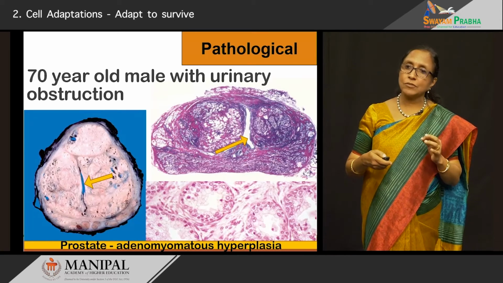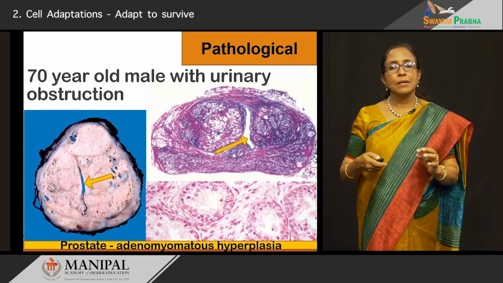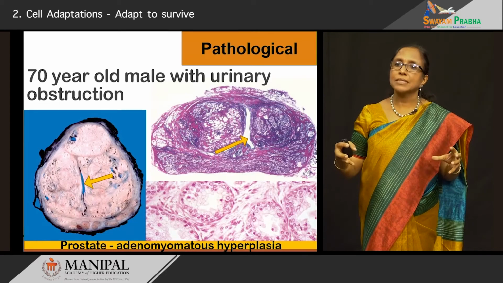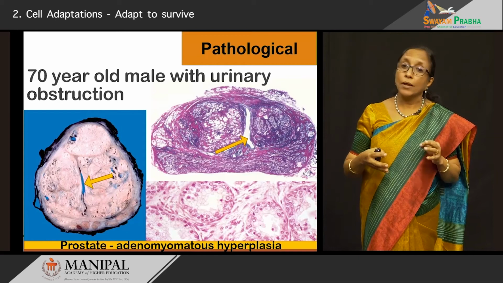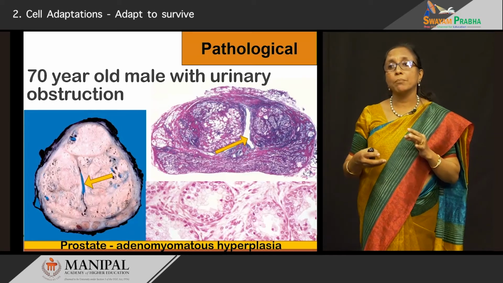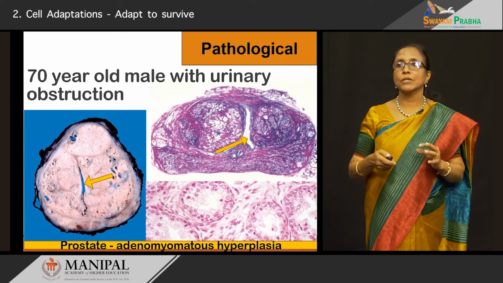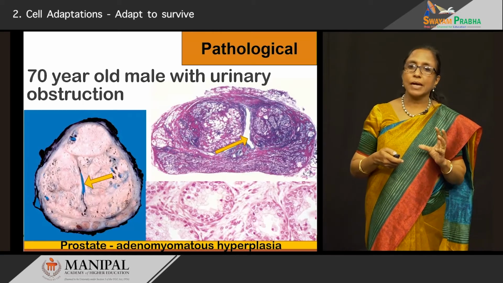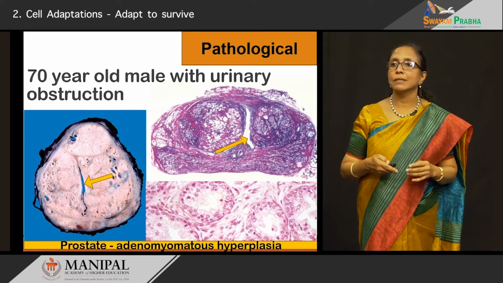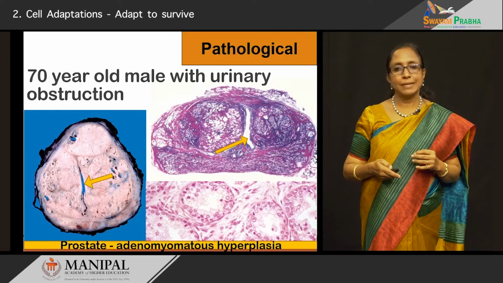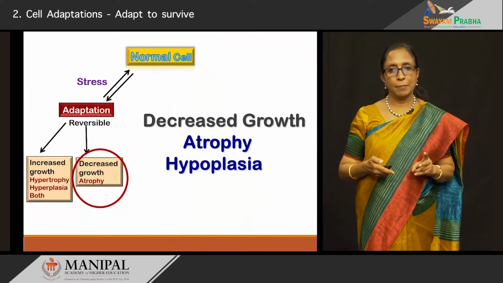There is hyperplasia of the adeno, that is the glands. Hyperplasia of the glands, there are so many glands that are proliferating, which come back to back, together with increase in the number of cells, and also hyperplasia of the smooth muscle. So, both are proliferating, which gives rise to the prostatic hyperplasia, which is causing the urinary obstruction, which we see in the older age group. That is another pathological condition where we see both hypertrophy and hyperplasia.